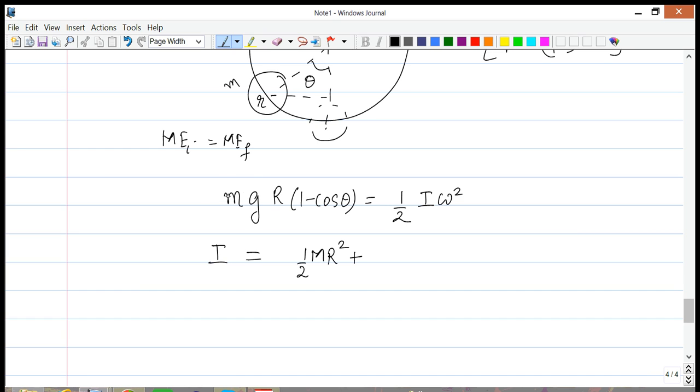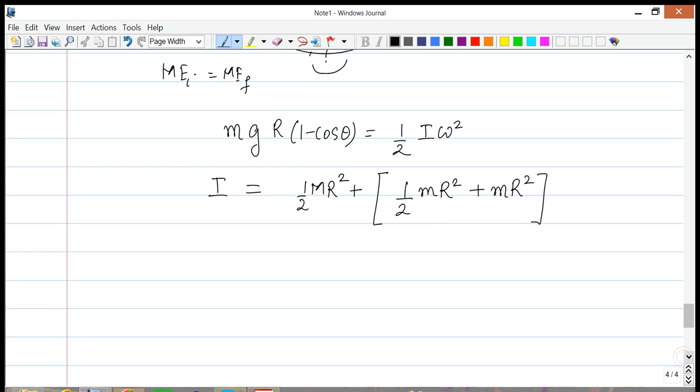For the small disk, we're going to have to use the parallel axis theorem. So that is going to be the moment of inertia of the disk itself, which happens to be one half times m times r square, plus m times R square.